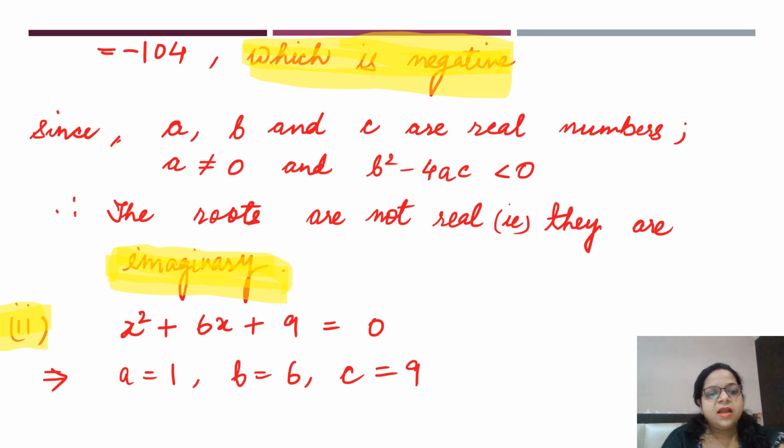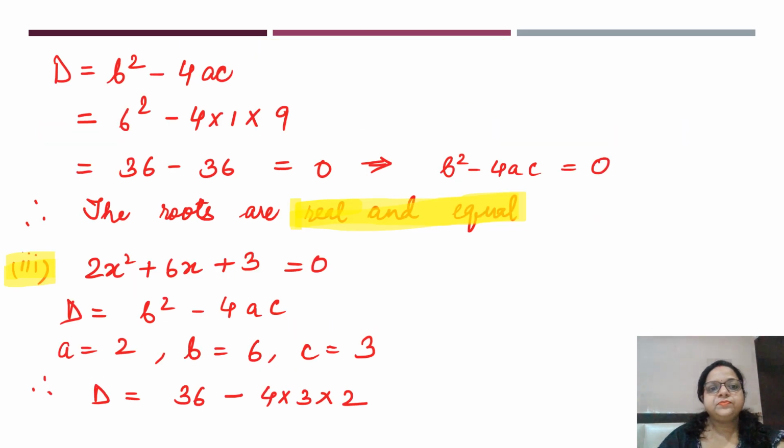Okay children. Now coming to the second part, x square plus 6x plus 9 is equal to 0. Here the value of a is 1, b is equal to 6 and c is equal to 9. So what is the value of the discriminant, that is b square minus 4ac?